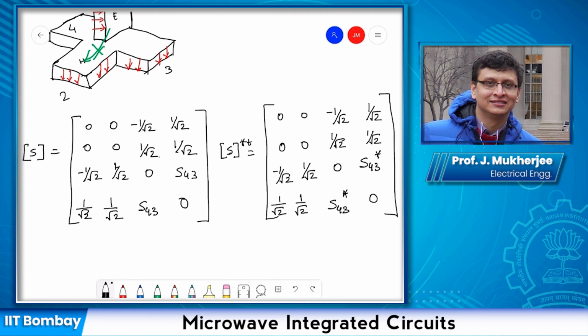So now, if we multiply, let's multiply row 1 with column 4. Let's write this properly.